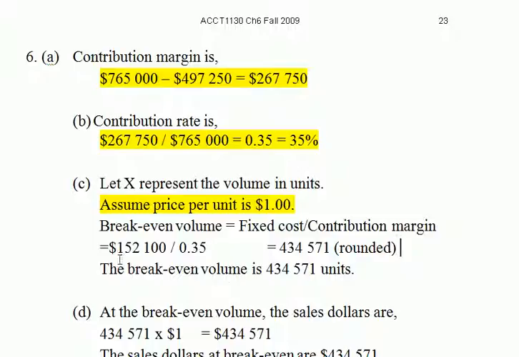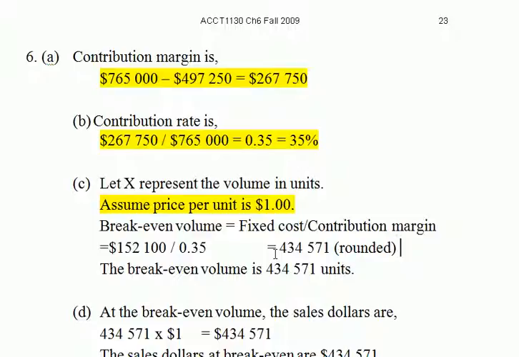So we have to pay off 152,100 in fixed costs, and each unit, if it cost $1 each, which is what we're assuming, would contribute 35 cents, 0.35. So 35 cents for the unit price, 35%, 35 cents.